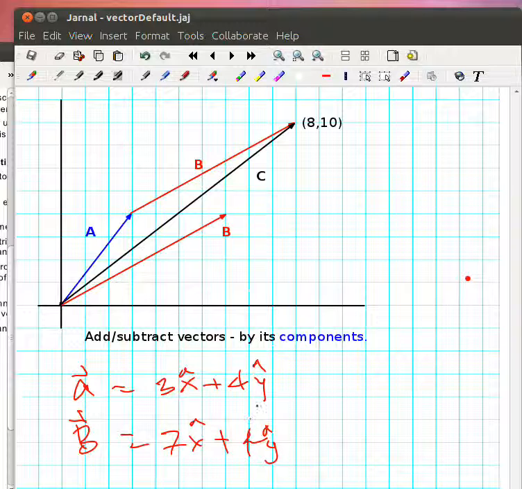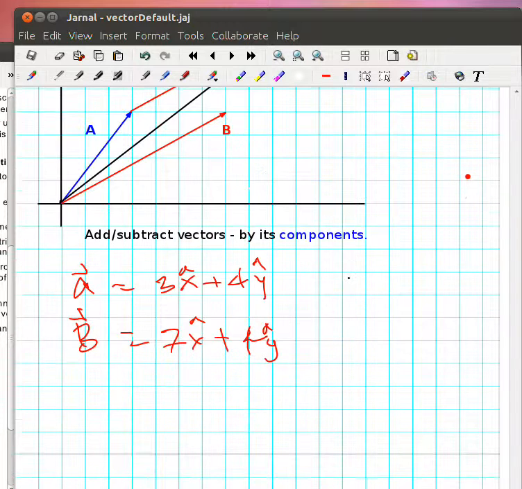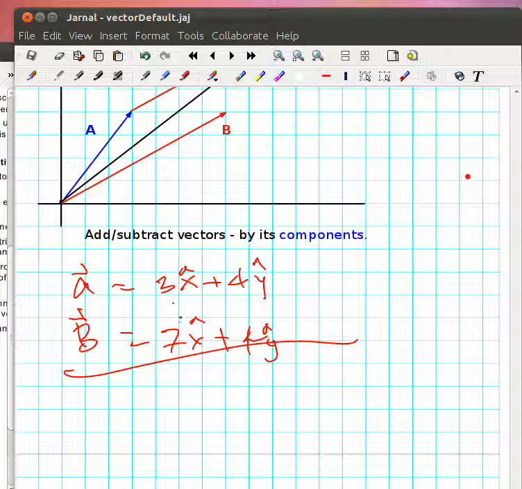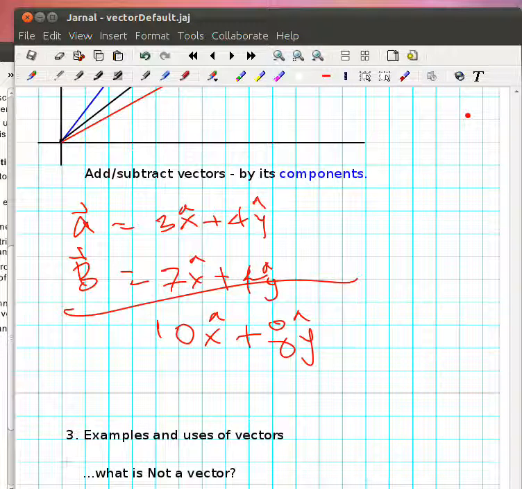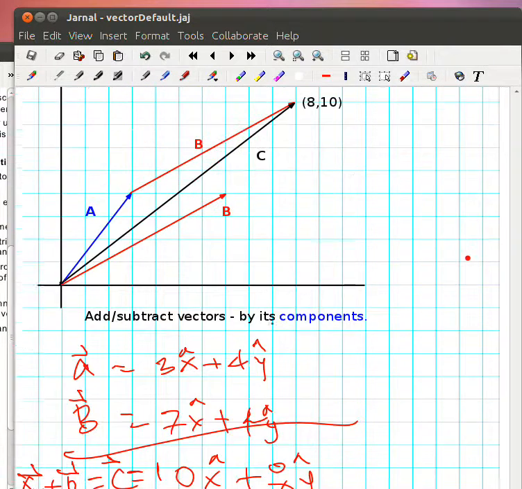Now to add, it's simple. To add in component form, all we do is add the components. And this is 10x hat plus 8y hat. We just pick them out, and we can see that A plus B equals C, in component form. And let's take a look here.